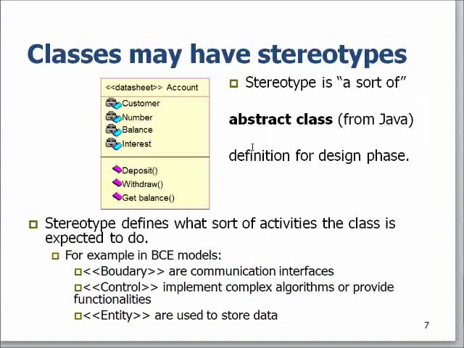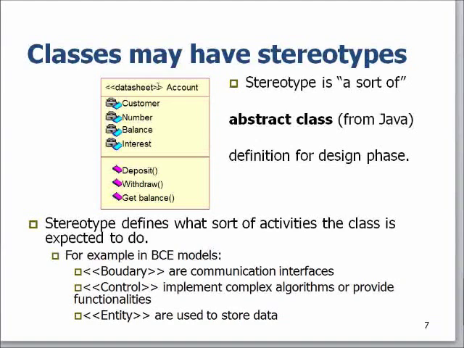There's also an additional thing which we will be talking about in the boundary, control and entity design, and it's a stereotype. The stereotype, defined in the name part here, is sort of an abstract classification for the class. It means that we are defining sort of functionality for the class.